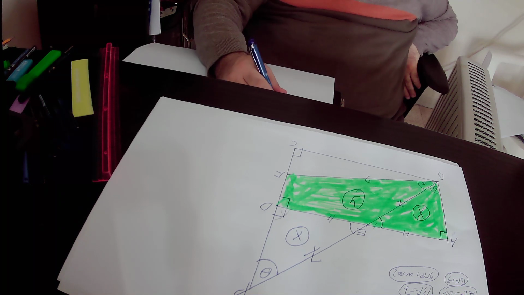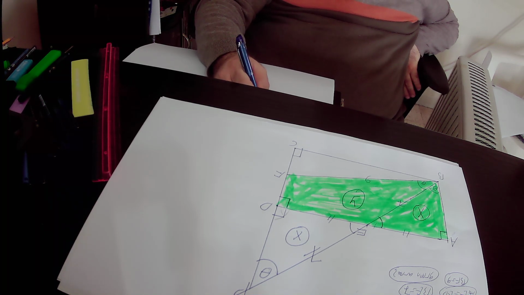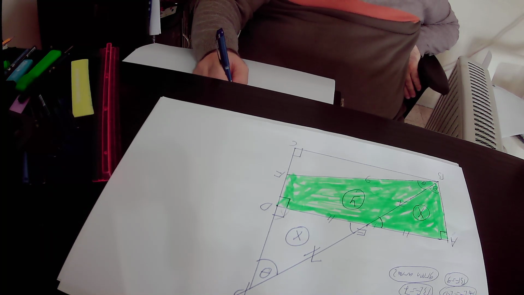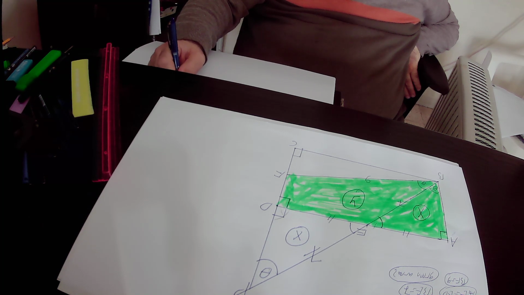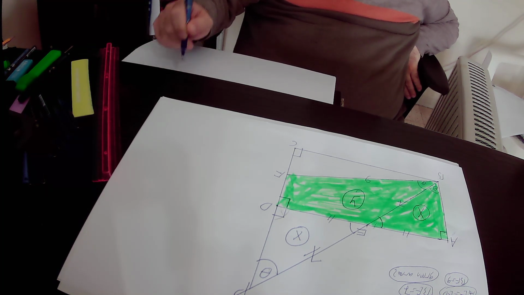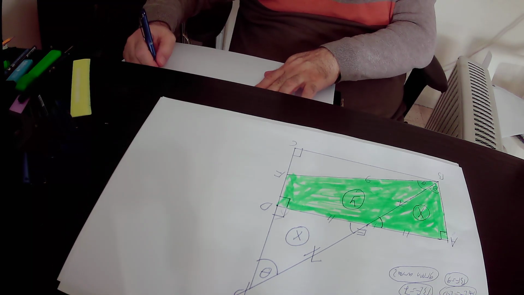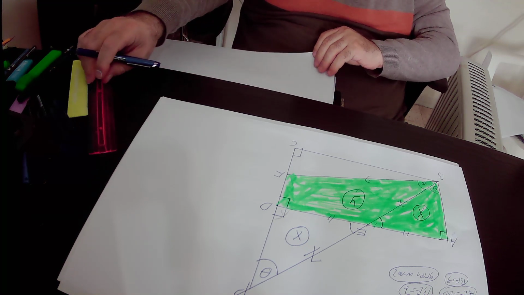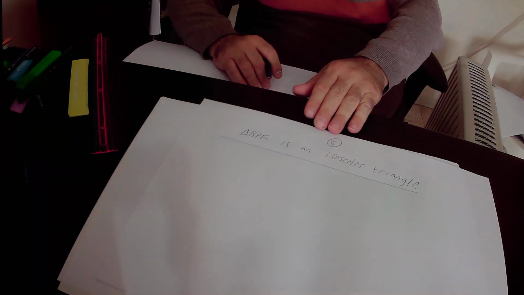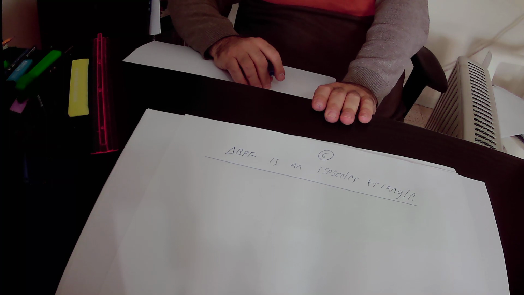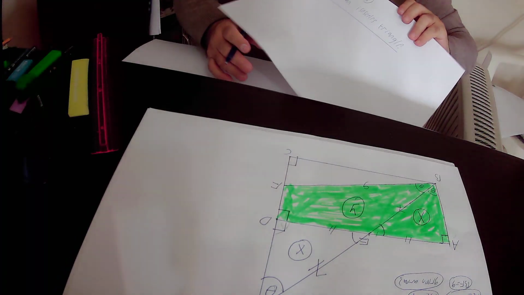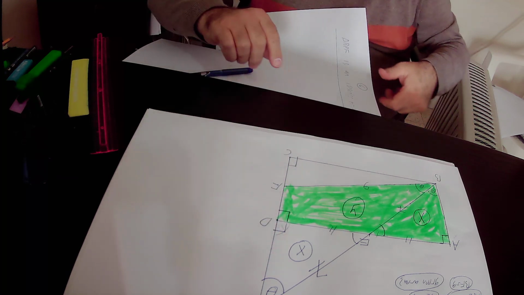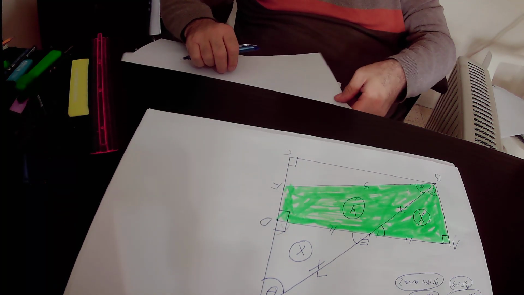I write it down: triangle BPF is an isosceles triangle.